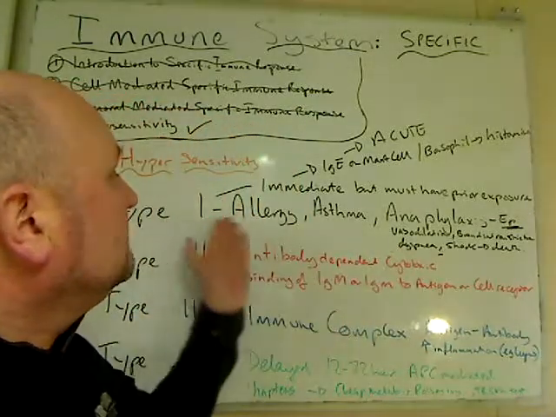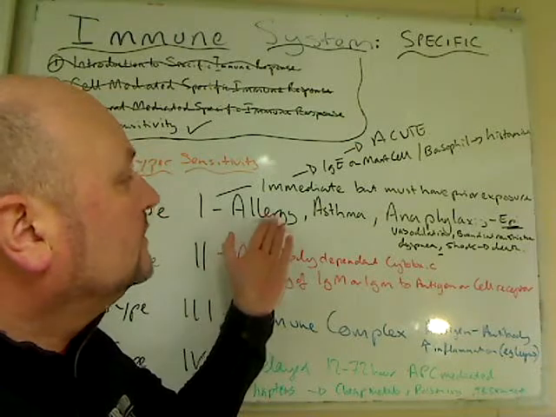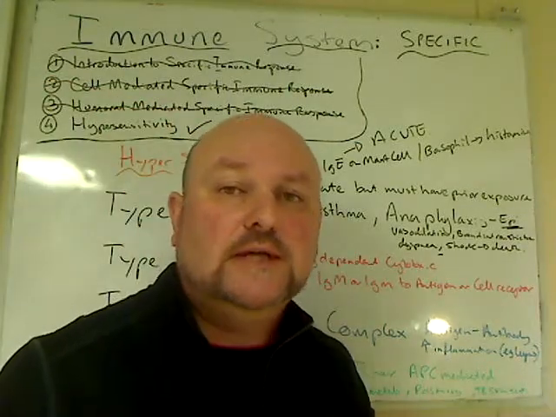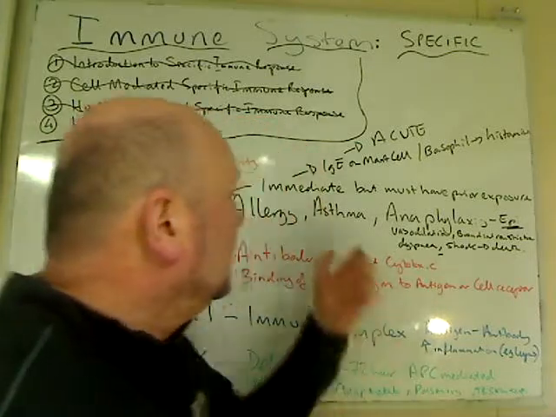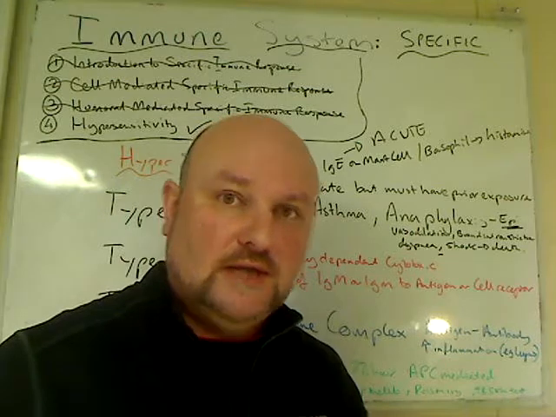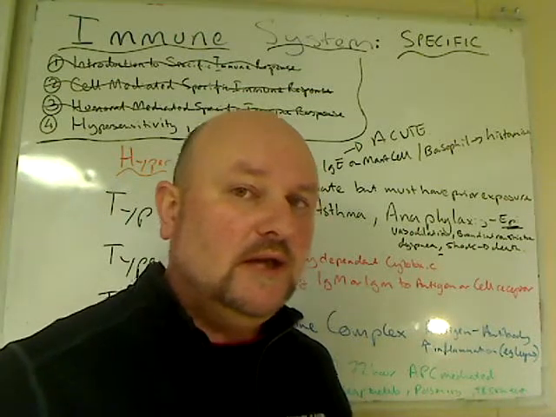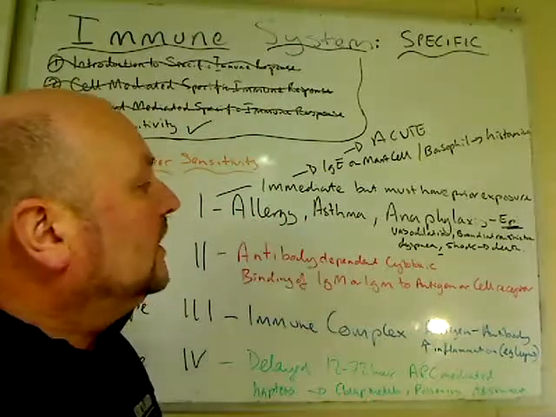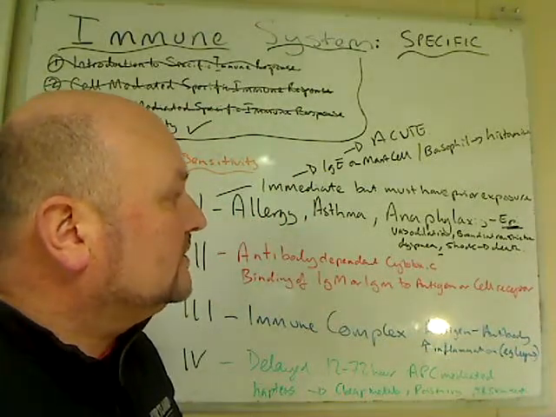So this immediate response is responsible for asthma, if it's an inhaled antigen, and allergies such as hives, etc., are also these edematous swellings, are also a response, immediate response to something which is irritating the immune system.